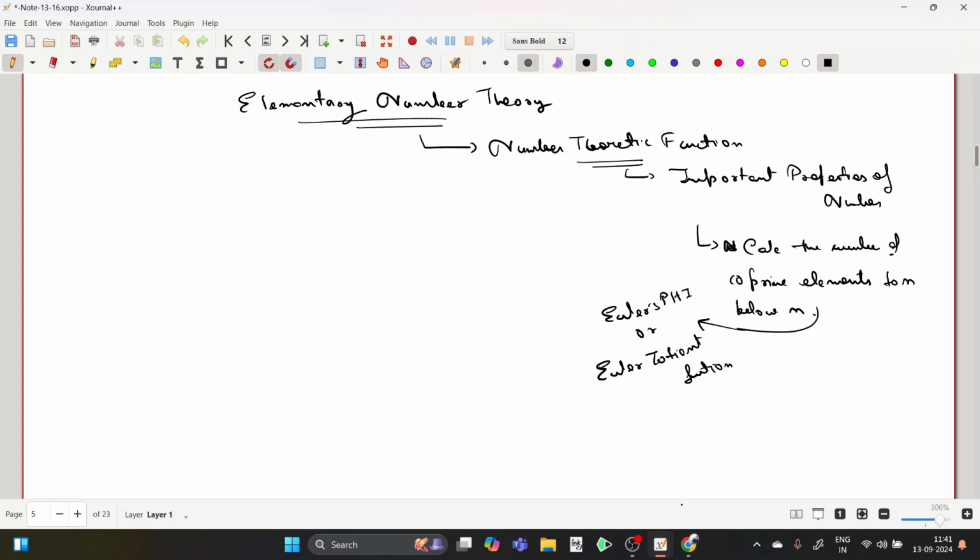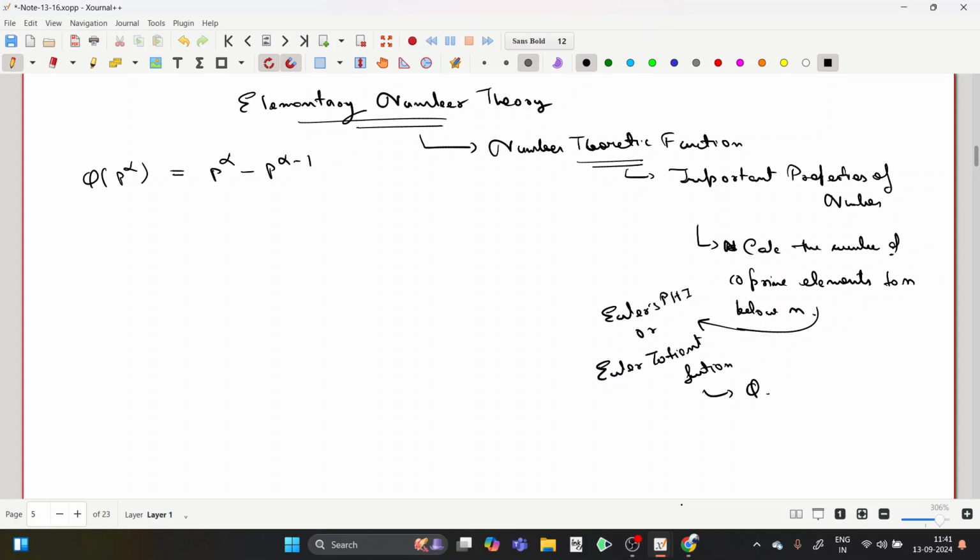And as the name suggests, we use the symbol phi. Now phi has some very well known formulas, that is phi of a prime p to the power alpha, for a positive integer alpha, is given as p to the power alpha minus p to the power alpha minus 1.